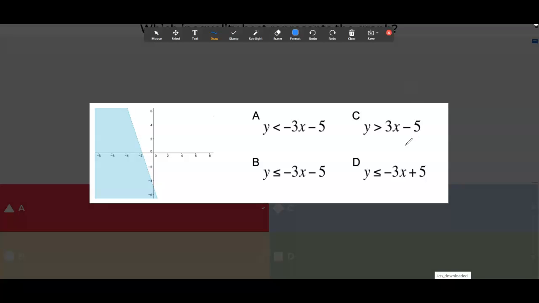That eliminated choice C because it had a positive slope. Then the y-intercept was negative, so that eliminated choice D because its y-intercept was positive. And then both of these are shading below, so that's good. Both have a y-intercept and a negative slope, so that's good.